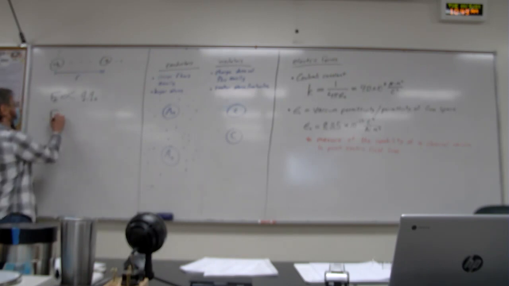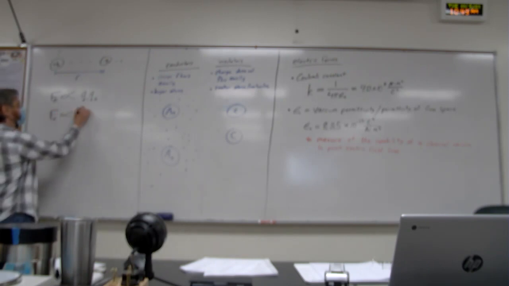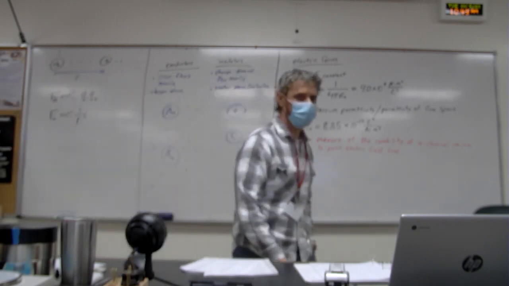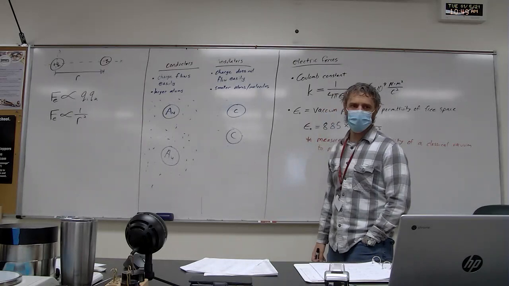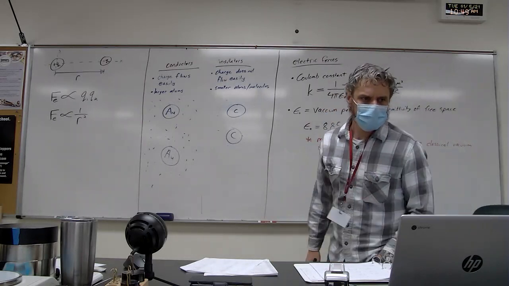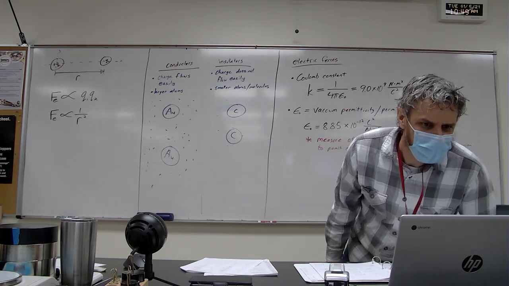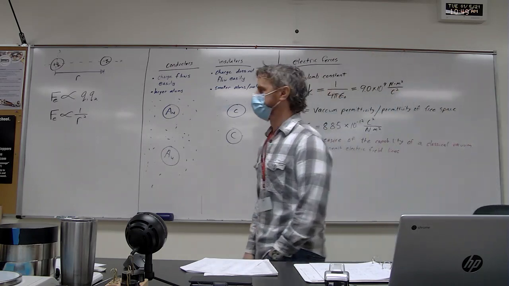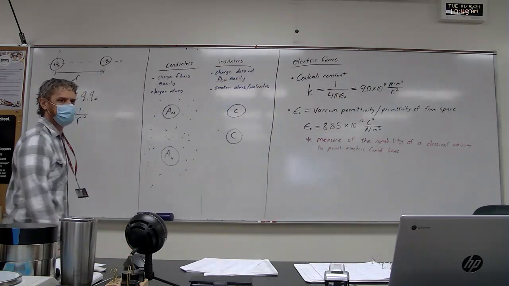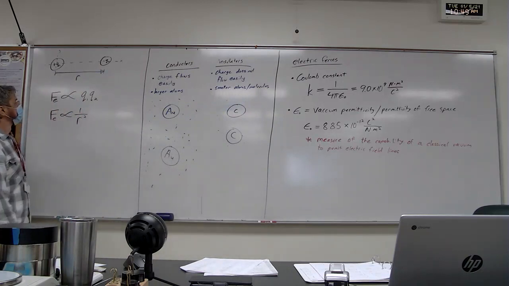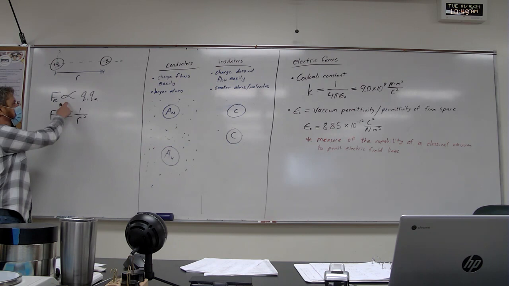The electric force is also inversely proportional to the square of the separation of the two charges. Oh boy, I hope I can flip that after recording. I forgot to flip it before I recorded it. I can do that, right? And so this is the proportion.